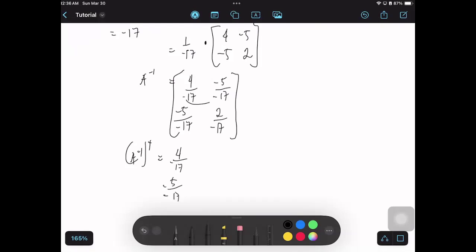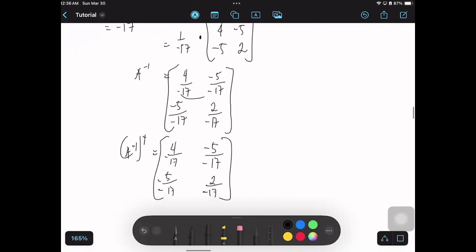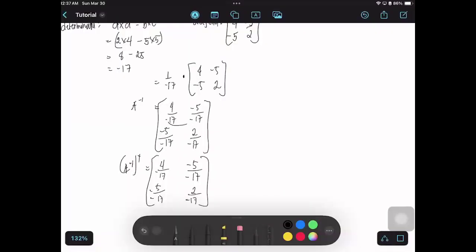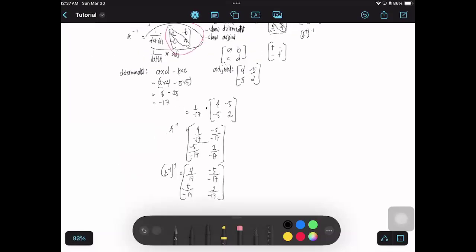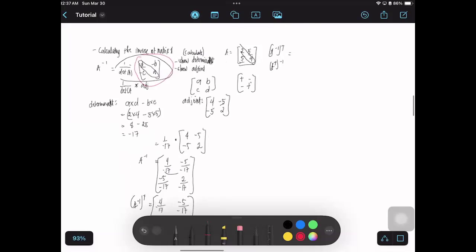Then that is 5, that is 17, then 2, -17. Will be like that. So that's how you will deal with the A inverse, then getting the transpose for that out. So we are done now with this formula, A inverse, then transpose.